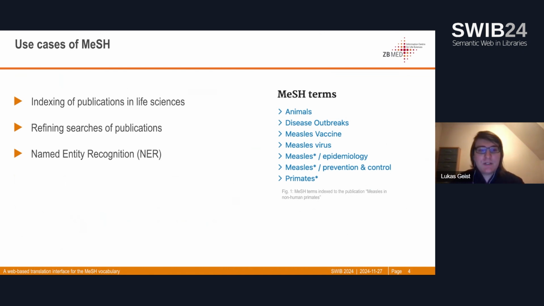Another purpose is to refine searches of publications, so the PubMed engine uses MeSH. I will show that also. Another topic would be named entity recognition, which the PubMed engine uses and which could also be useful for NLP solutions.